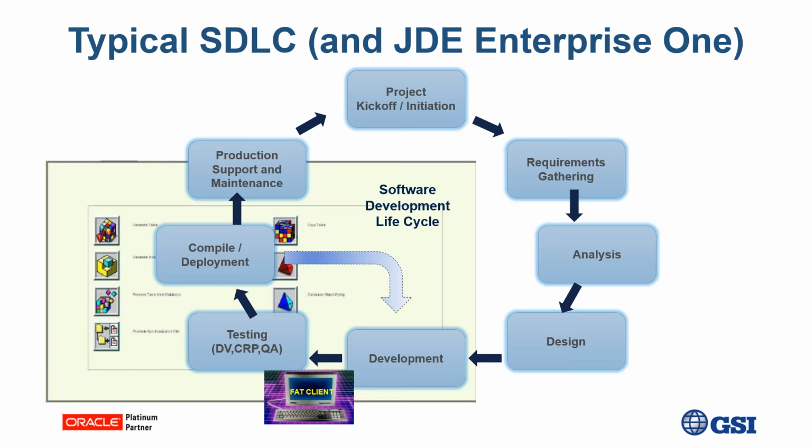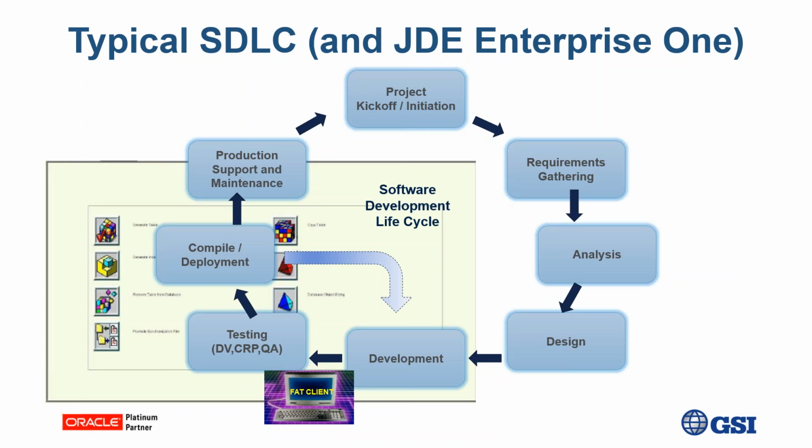We need to have some knowledge of the development tools, and in some cases the C programming language is needed. I mean, don't get me wrong, I love the fat client. The fat client paid the bills for me, and it still does, because it's the developer tool. It's something that we use to maintain, enhance, and manage our JD Edwards code.